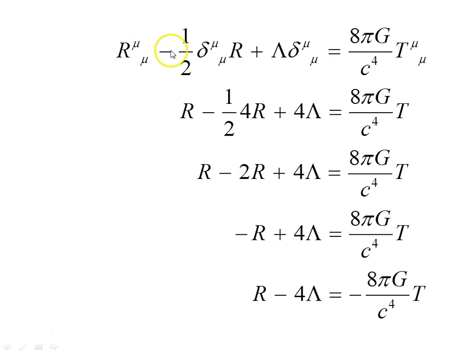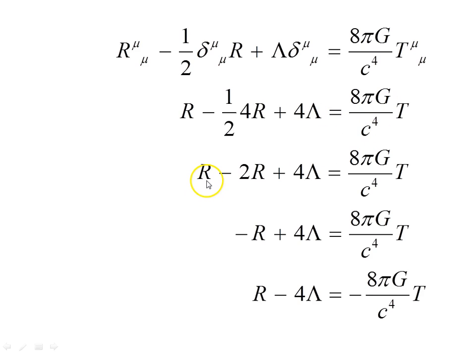Alright, next slide over here. In the previous case we had the Kronecker delta with a nu down here, but where nu differs from mu, this will be 0, so it's only non-zero when mu and nu are equal here. So same thing across here. When we evaluate that, this contraction gives us the Ricci scalar, minus a half times the sum over the 4 coordinates of space-time, which gives us 4 here, that's 1 plus 1 plus 1 plus 1 added together, so 4R plus 4 lambda.